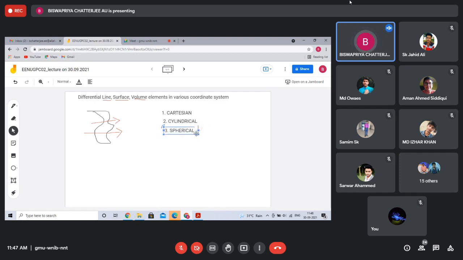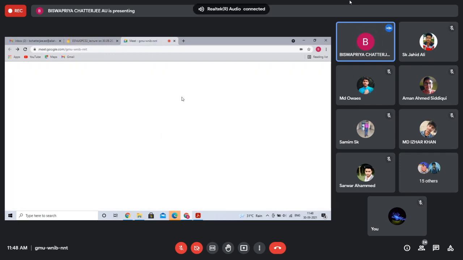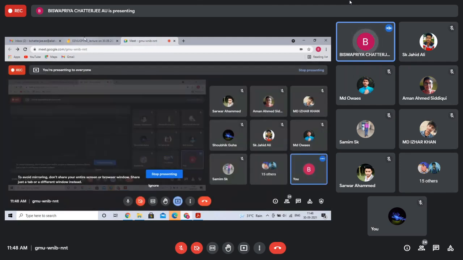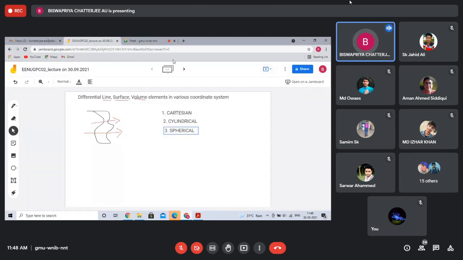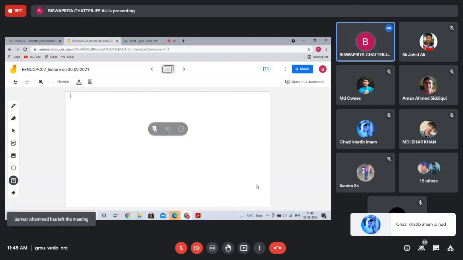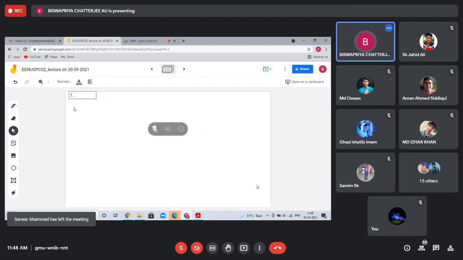So we should invest at least some time to see what the differential line elements, surface elements, and volume elements are in these coordinate systems. So let us see one by one. Let us first consider the Cartesian system.